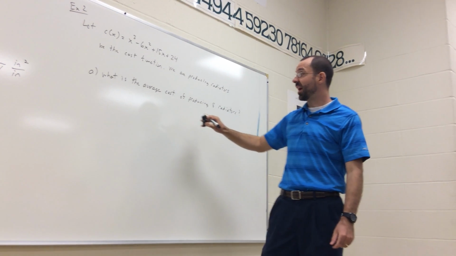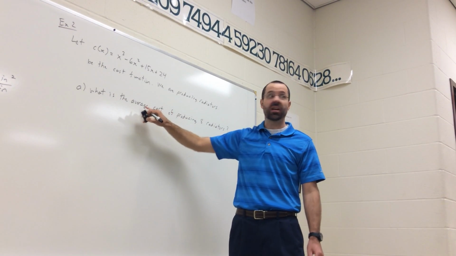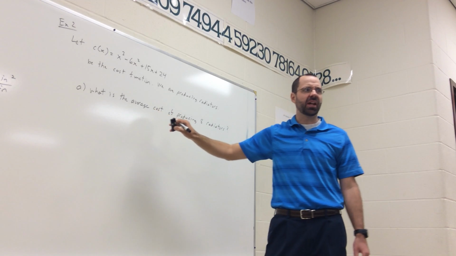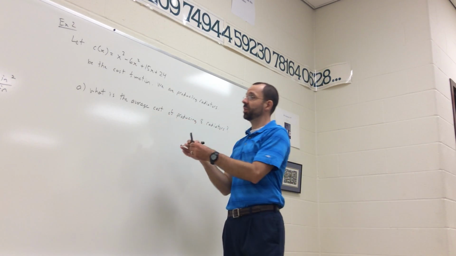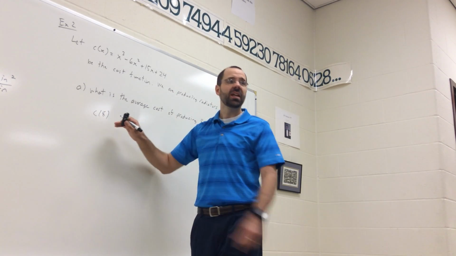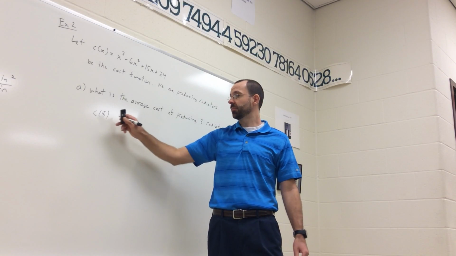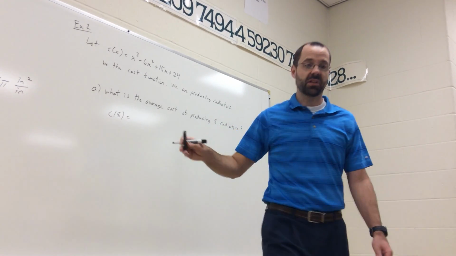Okay, so this is not the average rate of change. There's no rate of change after this average. So this is a little bit different than average rate of change. What we're going to do is plug 8 into the cost function, and that's going to tell us how much it costs to make 8 radiators. All right, so I need a calculator for that.